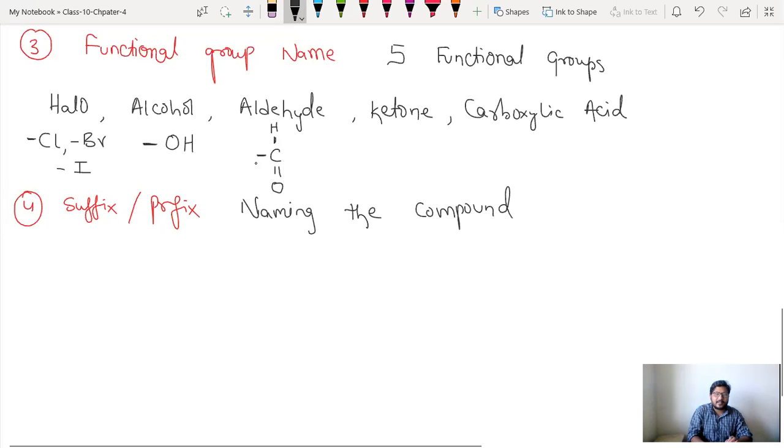If you find this structure, you can call it the aldehyde functional group.